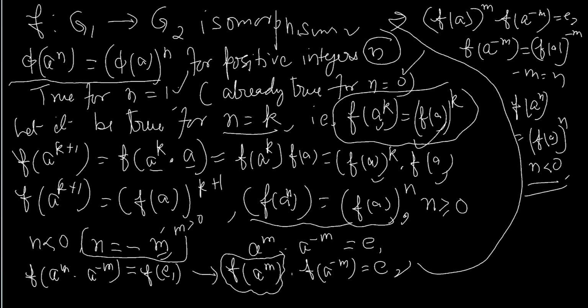So what we have established is this, that f of a to the power n equals f of a to the power n for all integers n. And now the rest will be very simple, hopefully.